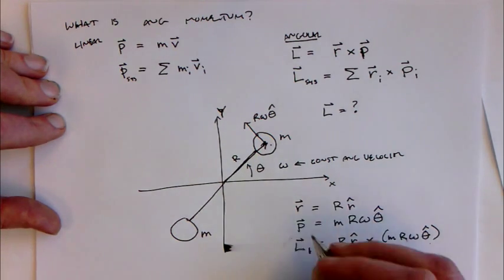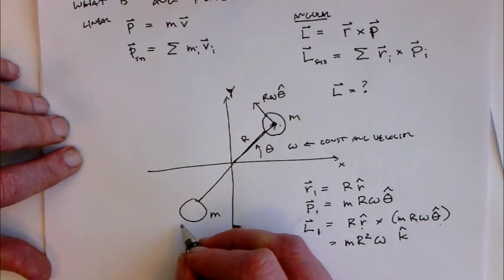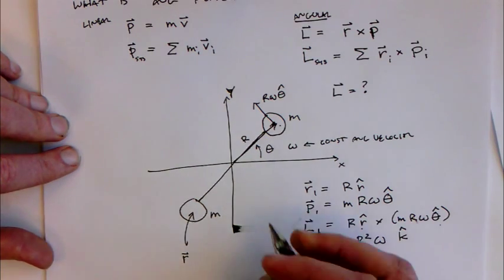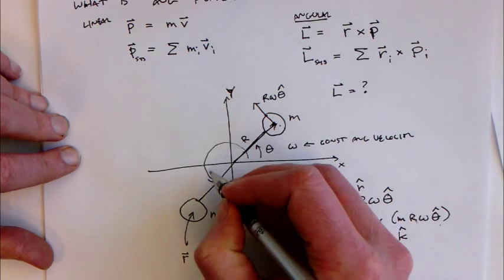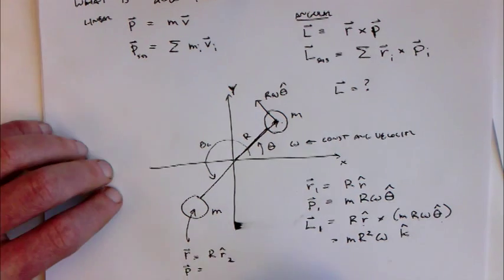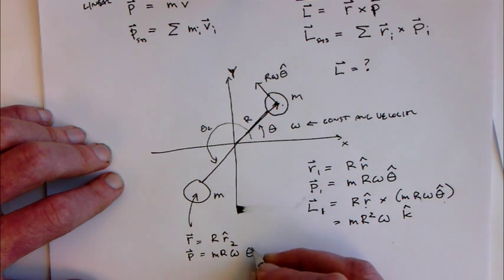So I'll say L1 for that first particle. For the second particle, let's think about this one. Well, I could call this theta 2, right? So the position of the second one is also r, but it's times r2 hat. The momentum of it is going to be m times r times omega times theta 2 hat.